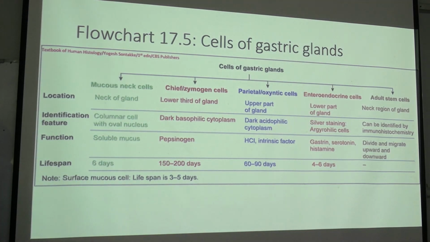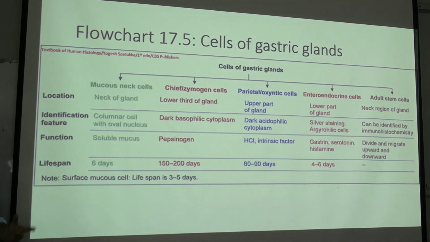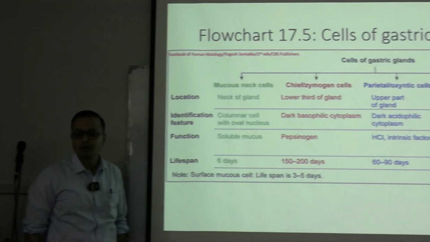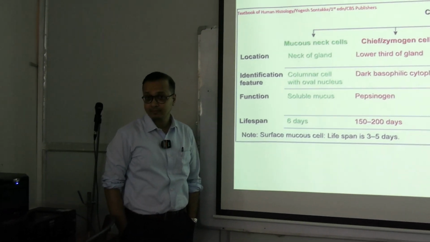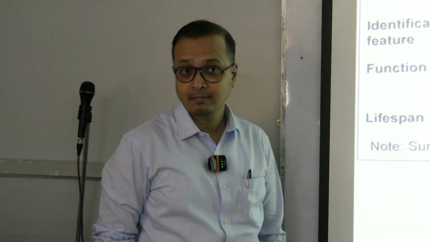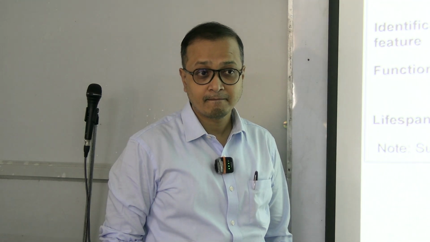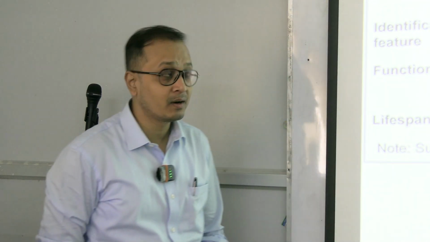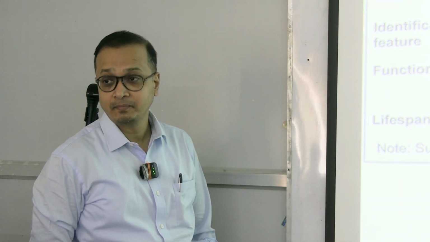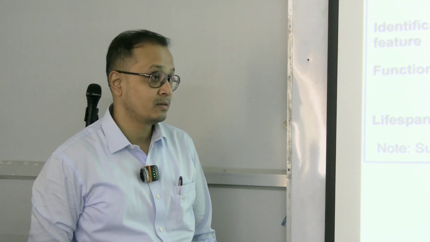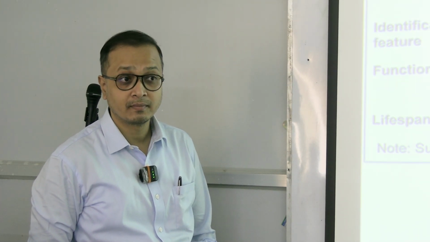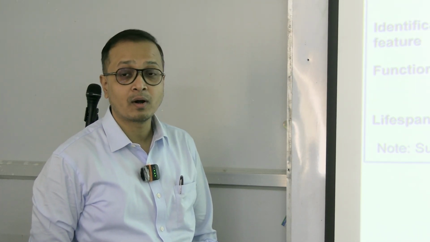Now, the second thing is where you are going to see these gastric glands, in which layer of the stomach. In which layer out of the 4 are you going to see these gastric glands? Mucosa. So, how many layers do we have? 4 layers.